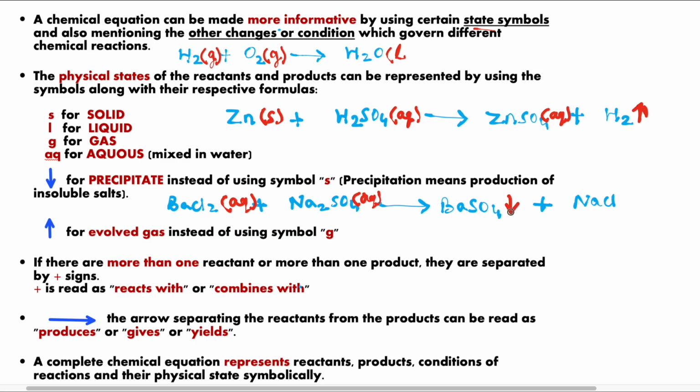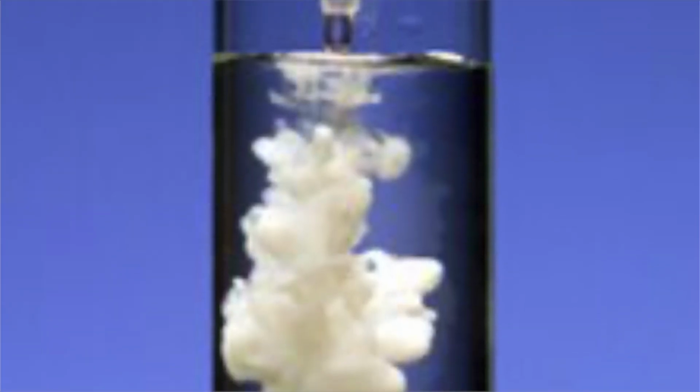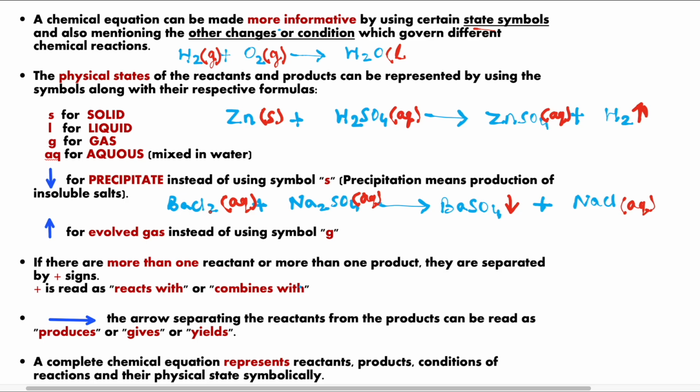So it is represented by an arrow pointing downward as a precipitate, along with the formation of aqueous sodium chloride solution. Thus we see that this chemical equation is made more informative by using certain state symbols along with other changes.